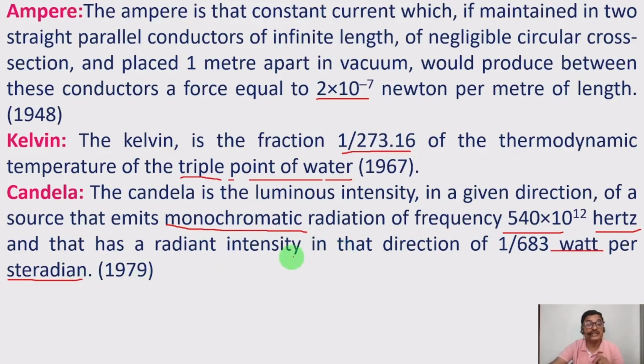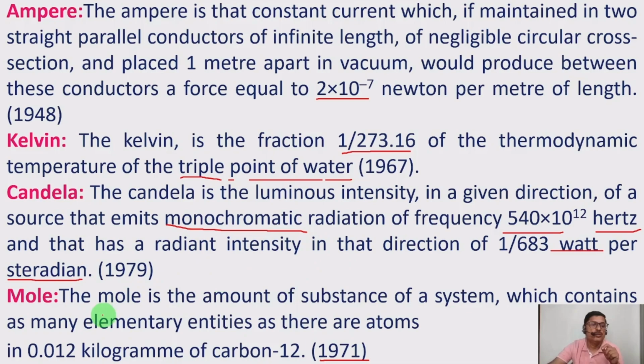It was defined in the year 1979. Mole: the mole is the amount of substance of a system which contains as many elementary entities as there are atoms in 0.012 kilogram of carbon 12.